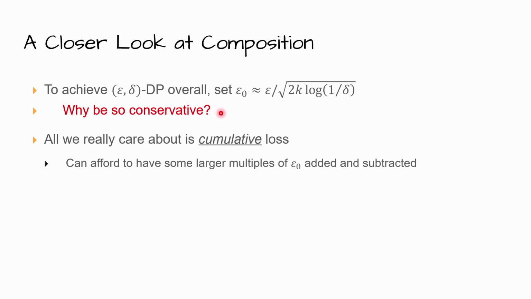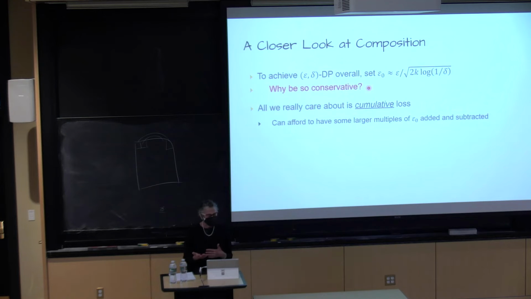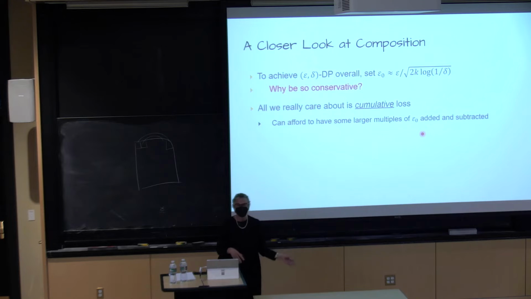So we're pushing things down very hard so that we can apply the composition theorem. But all we really care about is the cumulative privacy loss. And so it may be that along the way, when we have multiple differentially private algorithms that we're applying, we can afford to have some larger multiples of epsilon naught. Maybe occasionally we'll have a 2 epsilon naught or a 3 epsilon naught, and sometimes we'll have a -4 epsilon naught or a -2 epsilon naught.